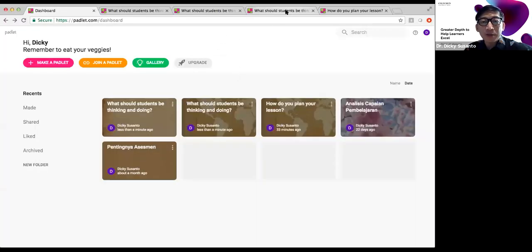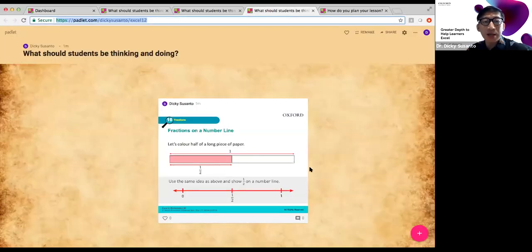So for example, if you go to first and second grade, this is the PowerPoint that I have picked from the resource. When you're preparing your lesson with this PowerPoint, what should your students be thinking and doing when they're looking at these resources?